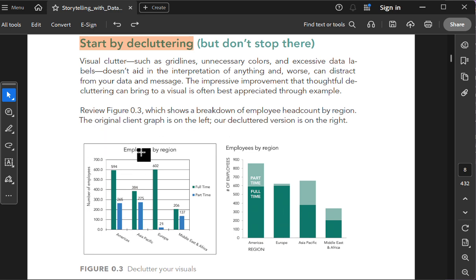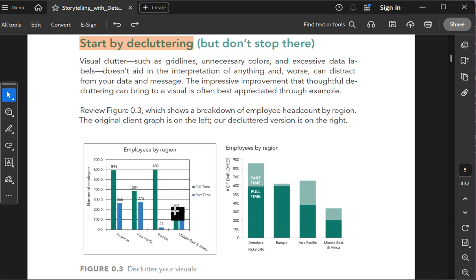Here we see two graphs intending to portray the same information, but the graph on the left is quite cluttered. We can see that the positioning of the title and the axis labels, the use of data labels within the graph, and the choice of graph in itself make it feel redundant.